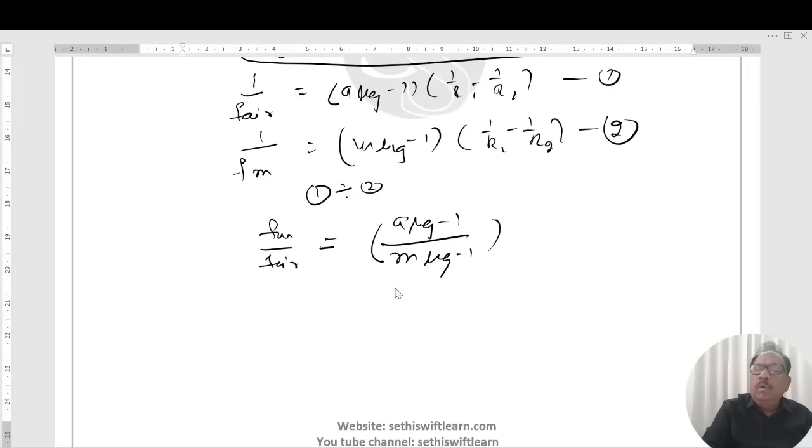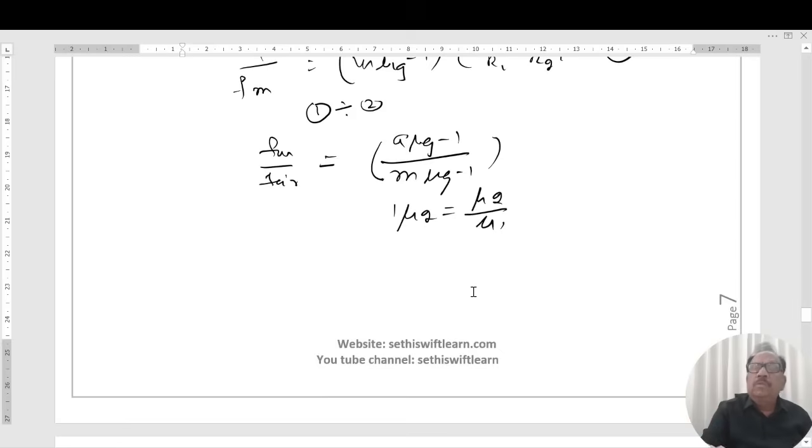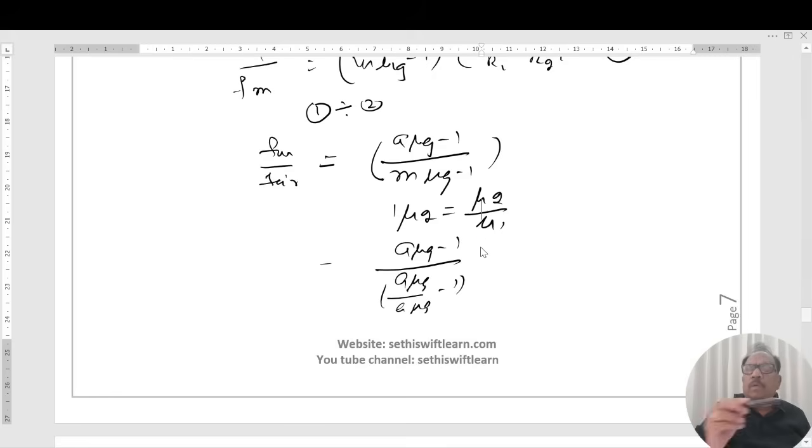Using the formula 1 mu 2 equal to mu 2 upon mu 1. These are the absolute refractive indexes. Absolute means with respect to air, right? Now, further, we can write this as a mu g minus 1 upon a mu g upon a mu m minus 1, right?